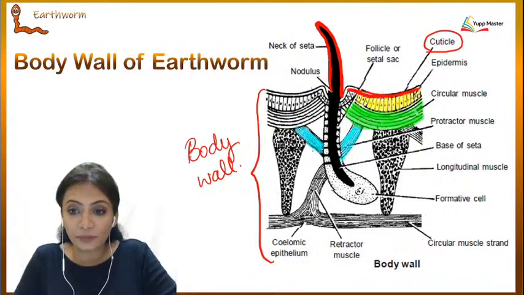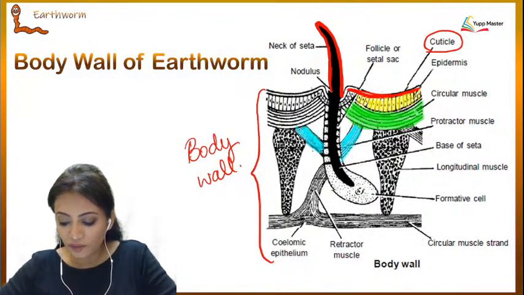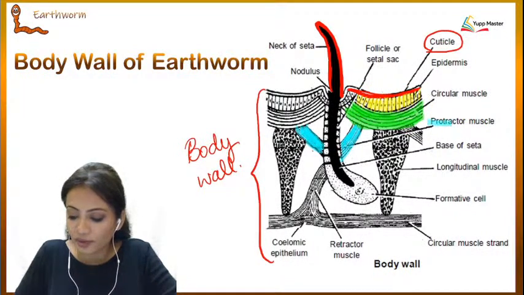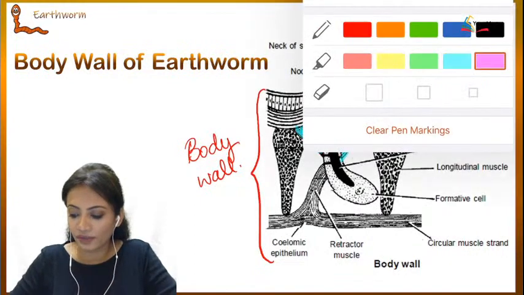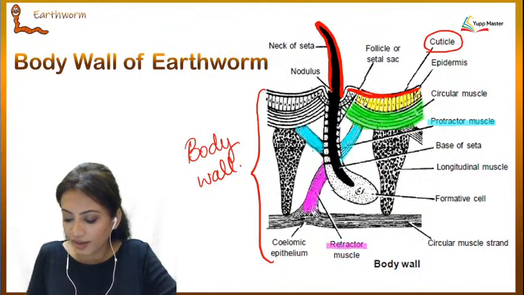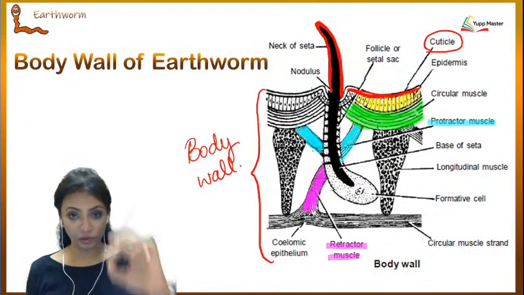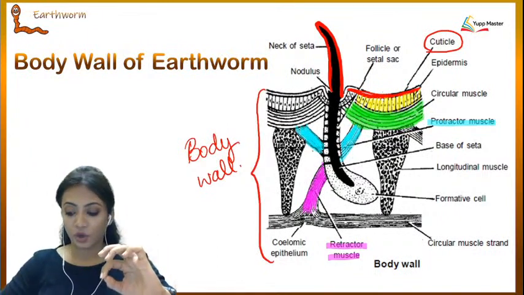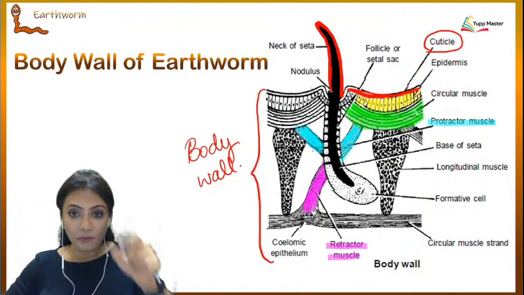In that Y-shaped muscle, I'd like you to see how there is the arm region that is called the protractor muscle. Okay, then can you see how ahead of that you can see the base region, okay, this base region is going to be the muscular layer which helps in retraction. So that's why we say that the muscular layer has protractor muscles which is in the arm region and retractor muscle which is in the base region.